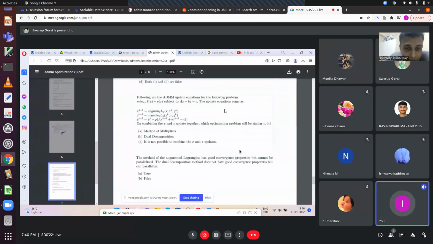Now amongst A and B, which one uses rho? Do you remember from the slides? Method of multipliers or dual decomposition? No, method of multipliers. Exactly, so you have got it. The key thing is to notice that xk plus 1 is not being used. Otherwise, it would not be possible to combine the two updates.